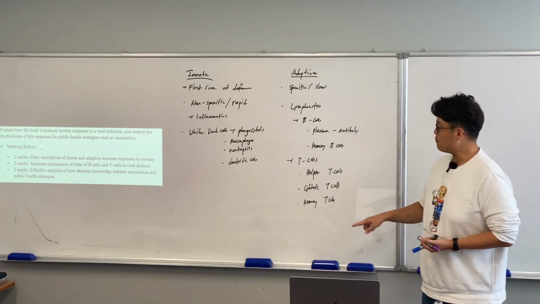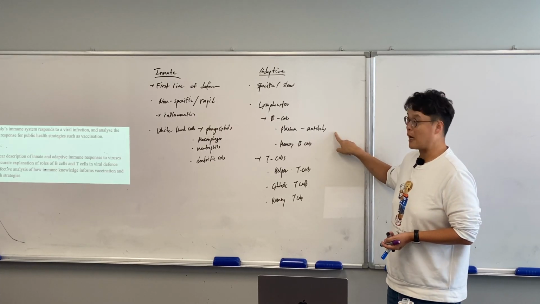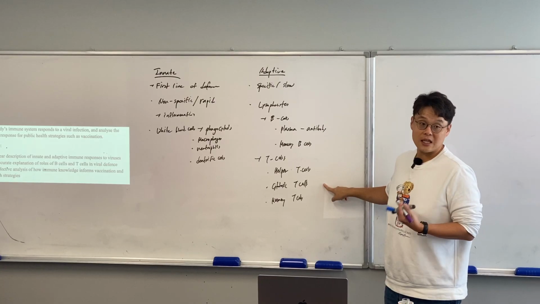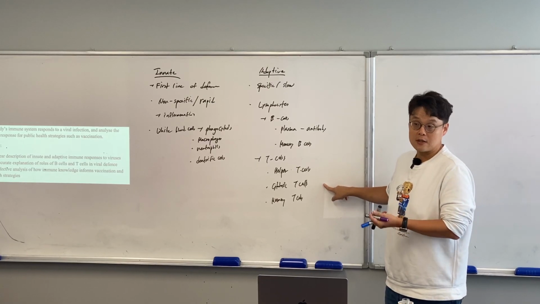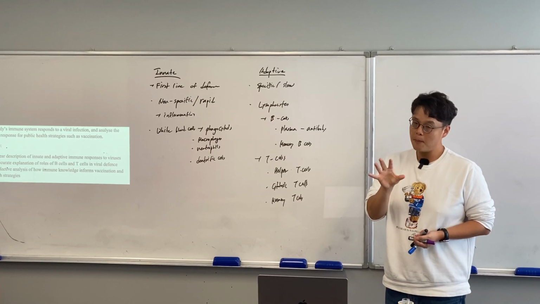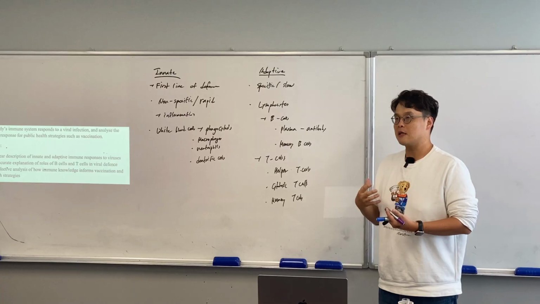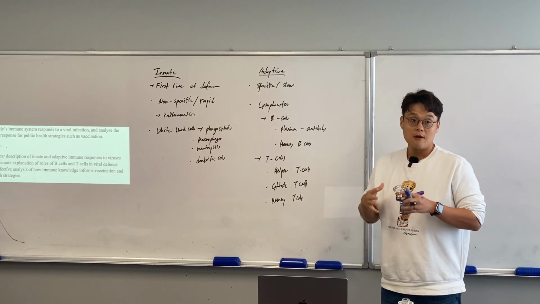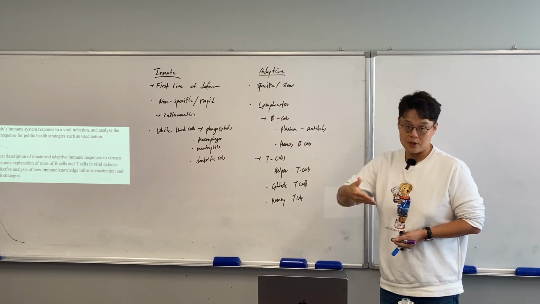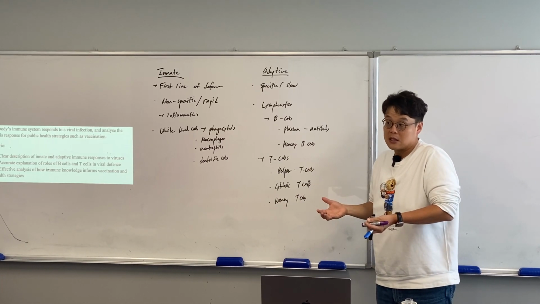You need to talk about how the B cells are targeting the viruses directly, because they release the antibodies. T cells, especially cytotoxic T cells, kill those infected cells. And this is crucial for viruses. If you think about how a virus spreads in your body, unlike bacteria or fungi, viruses inject some nuclear material into your cells, making the cells infected and growing the virus again in the cells too.